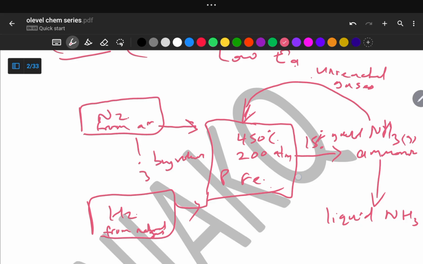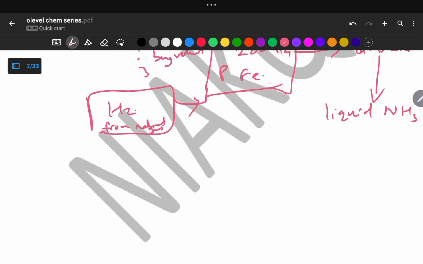For the uses of ammonia, we have the manufacturing of fertilizers, like ammonium nitrate and others, for agricultural boosting.